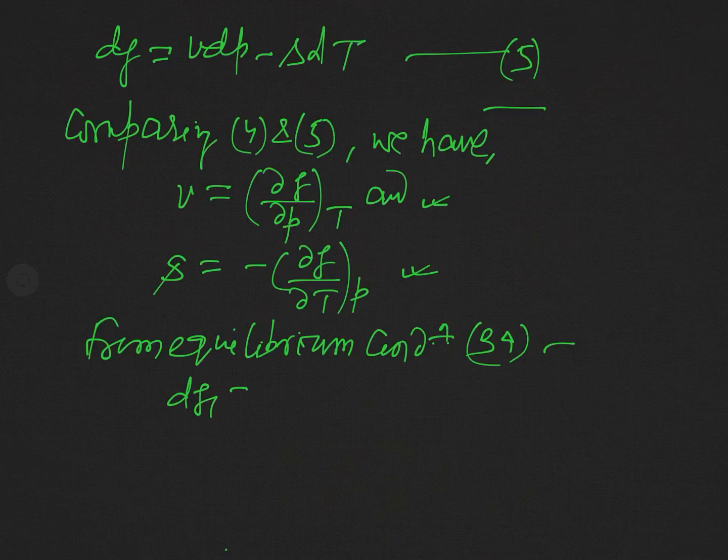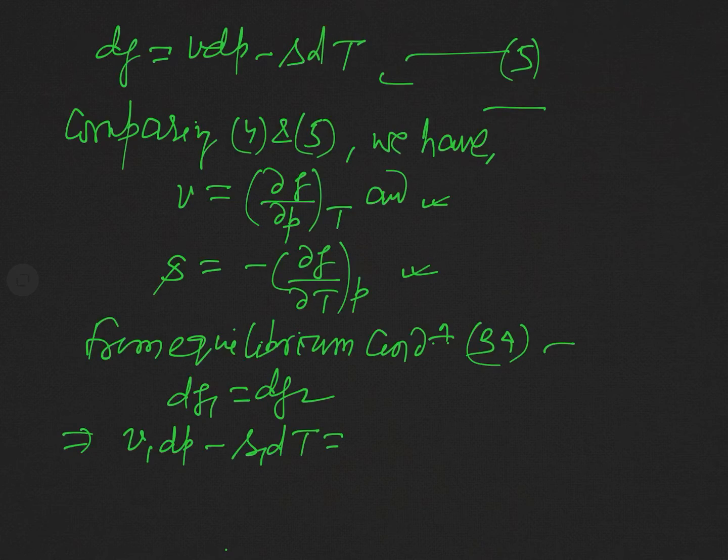This states dG1 is equal to dG2. So, making use of equation 5, this dG1 will be v1 dP minus s1 dt. And what will be this dG2? See equation 5, this will be v2 dP minus s2 dt.